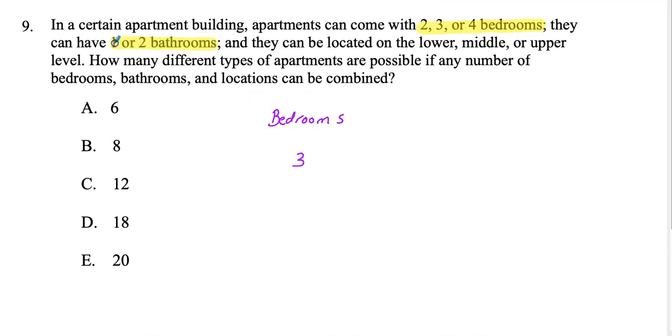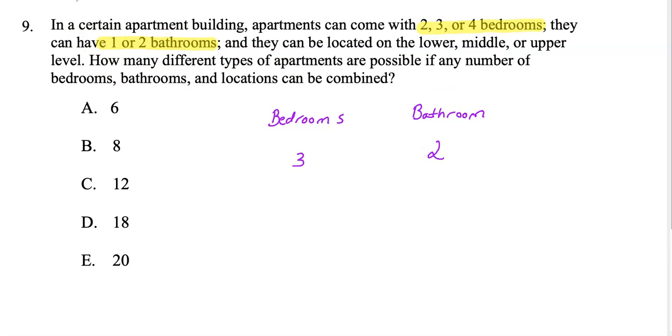We can have 1 or 2 bathrooms. So how many possibilities can we have with the bathrooms? Well, we could have an apartment with 1 bathroom or 2 bathrooms, so that's 2 possibilities.